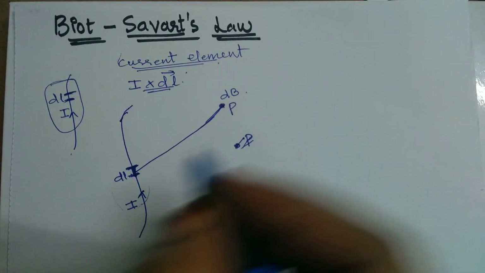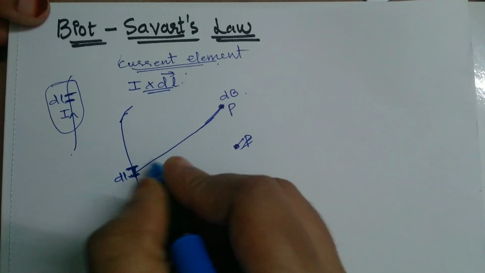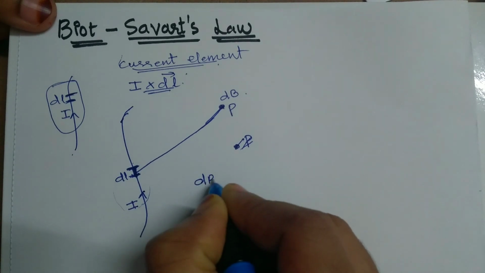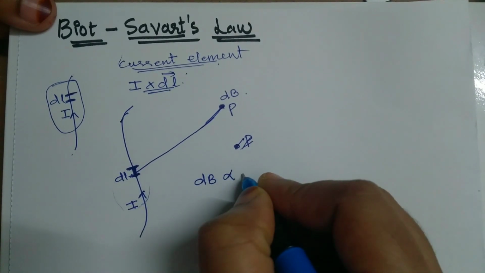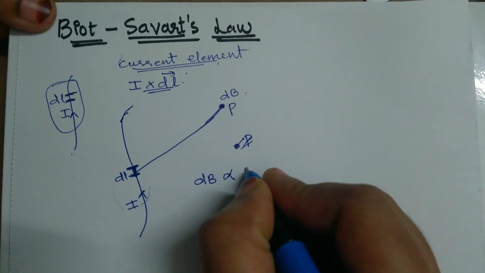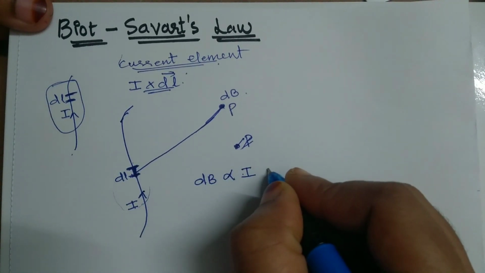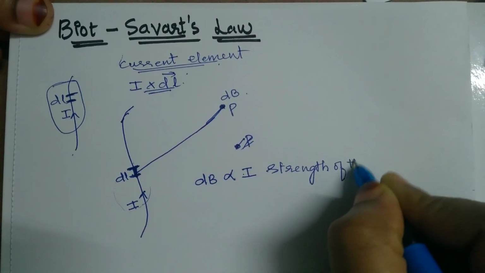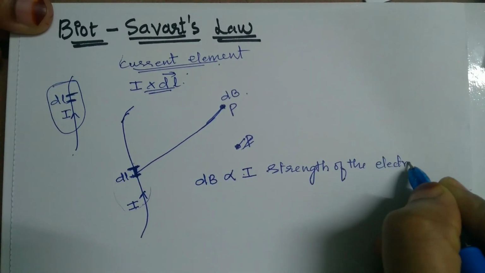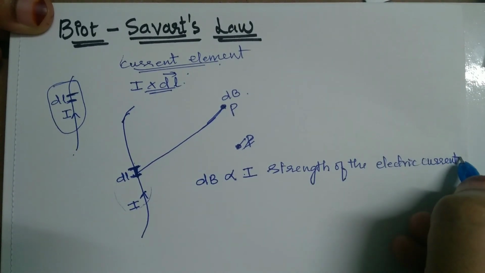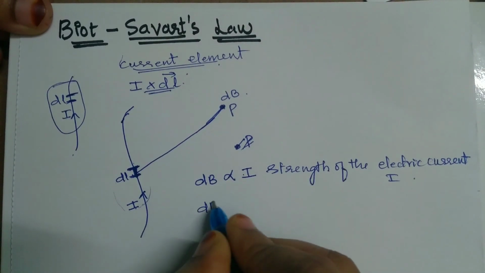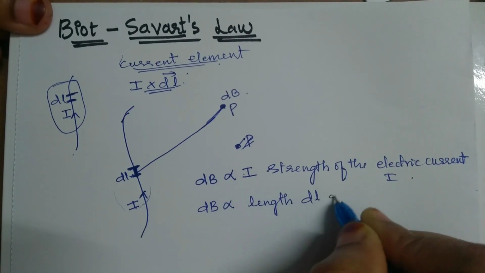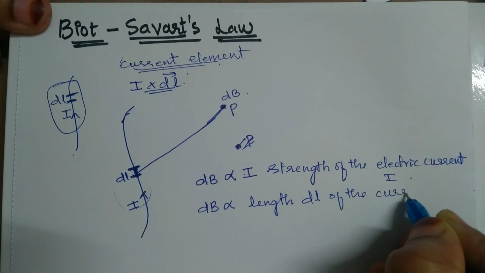So here Biot-Savart's law states that, listen very carefully, this is very important. See, the first proportionality is the magnetic field is proportional to the current, that is, what is the current flowing through this? That is I, right? We can say it is directly proportional to the strength of the electric current I, and then it is directly proportional to the length dl of the current element.